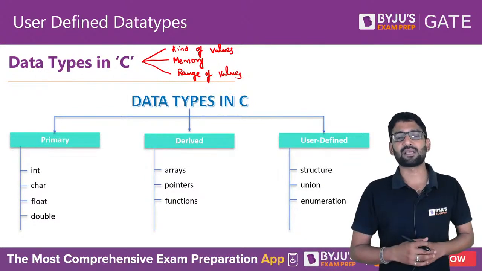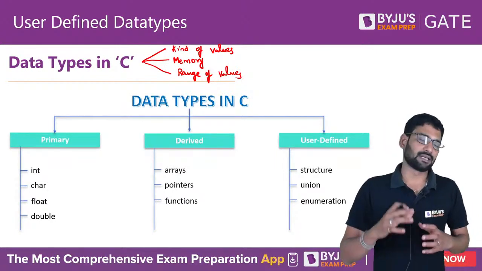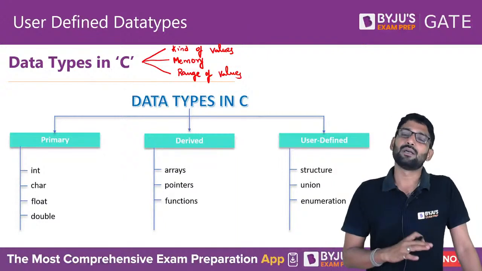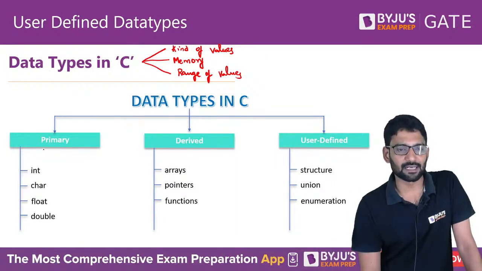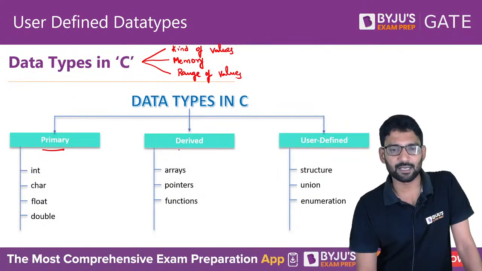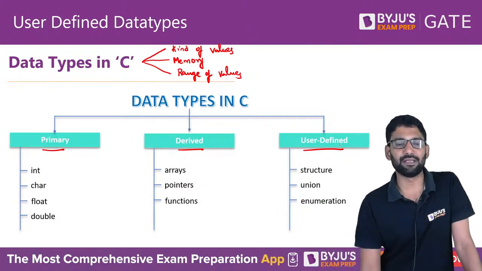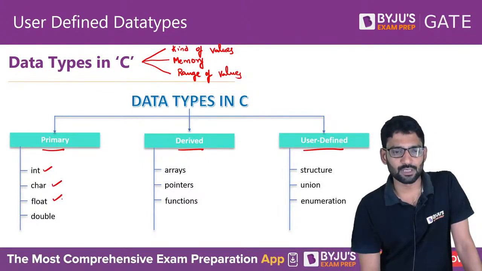These data types, as you see, we have got three types, and in some sources you will find them as two types. No issue. Anyway, we have primary data types, derived data types, user defined. Under primary, we have int, char, float, double, and of course void.